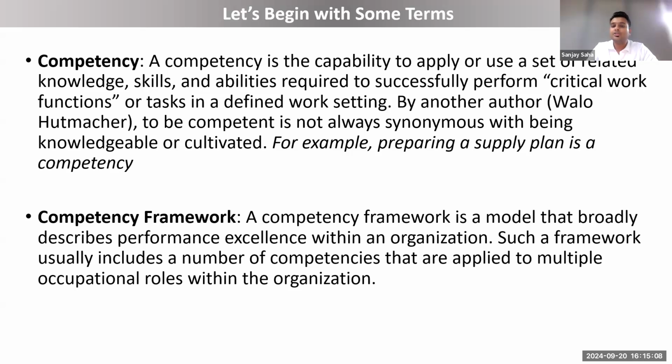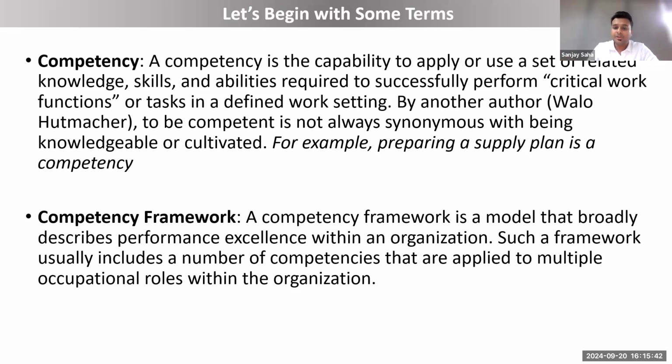Okay, so now critical work functions in a supply chain context would be, for example, preparing a supply plan, or creating an RFP, request for proposal, or an invitation to bid, or creating a contract, or negotiating with the supplier, or, for example, working on ELMIS or creating forecasts. So these are all skills along with the knowledge to do them and along with the right behaviors. All that combined becomes a competency.